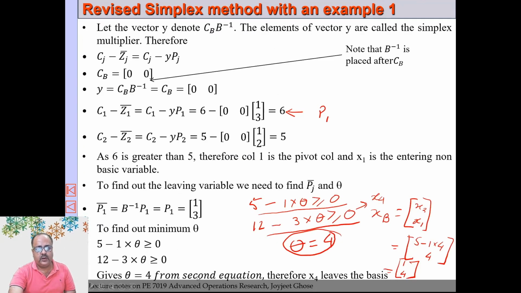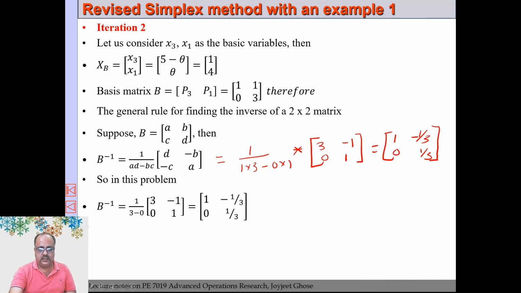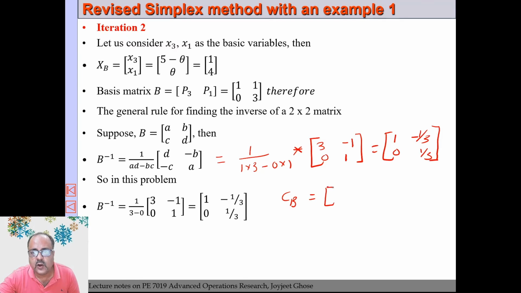With this we move on to the next part, that is, we'll find out y is equal to CB times B inverse. Now what is my CB? CB is the row matrix consisting of the coefficients of the basic variables in the objective function.